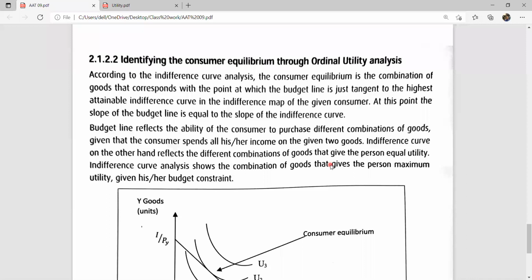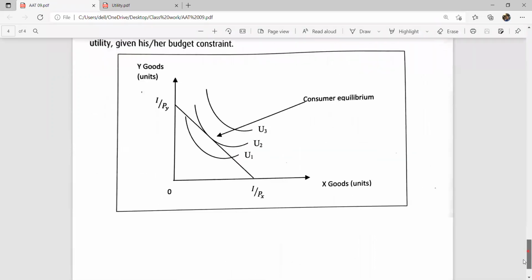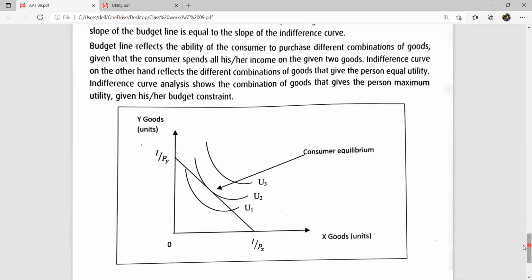Indifference curve analysis shows the combination of goods that gives the person maximum utility given his or her budget constraint. Budget constraint means limited income. That's all about consumer behavior, what we studied: the cardinal utility approach and the ordinal utility approach of consumer behavior.